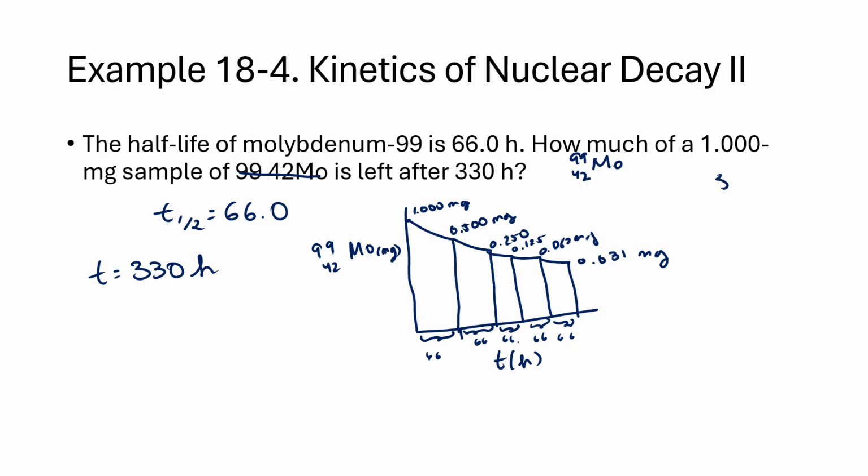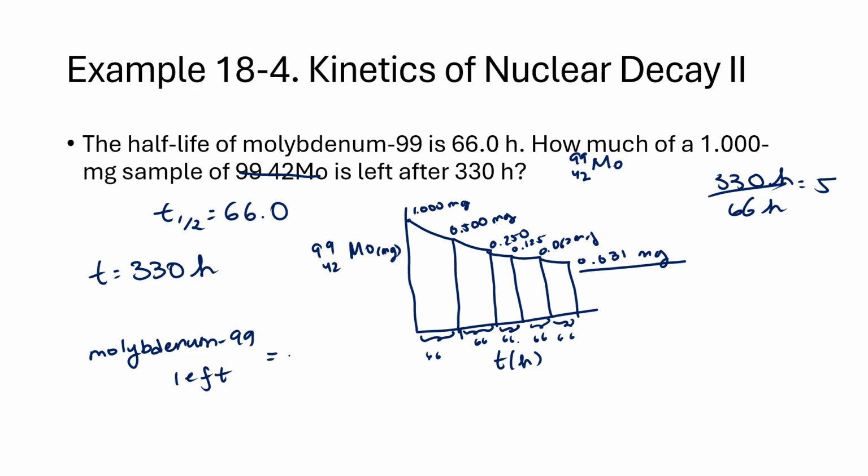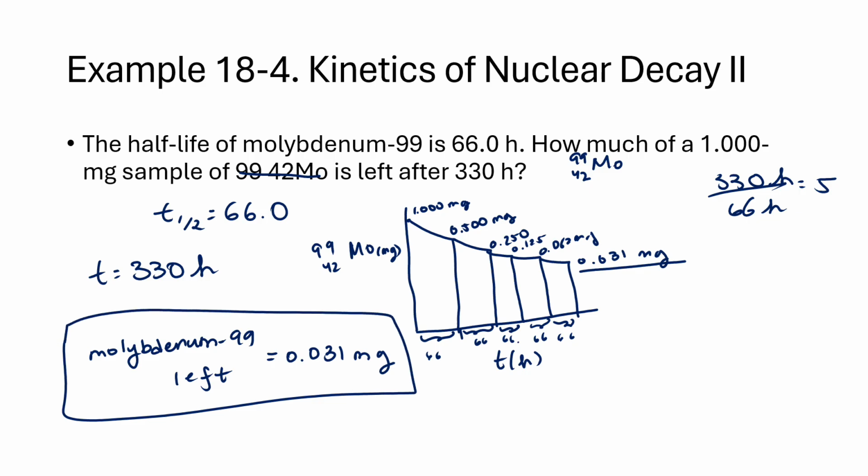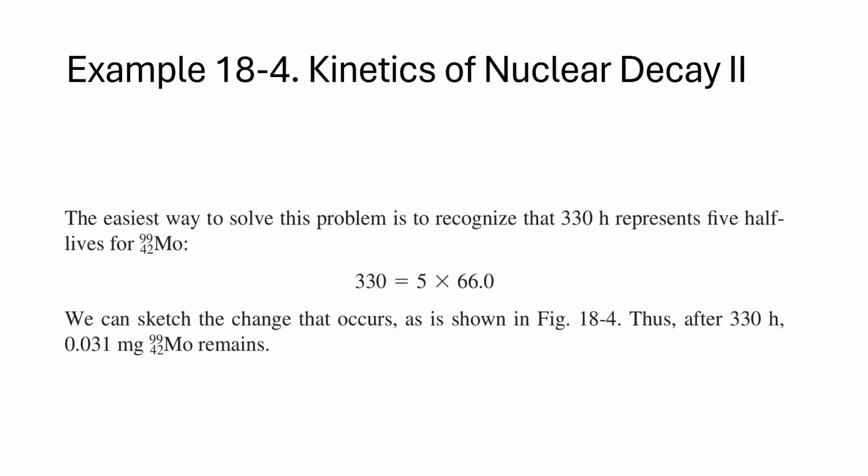And remember, 330 hours divided by 66 hours is equal to 5. So after 5 half-lives, what you have left of molybdenum-99 is equal to 0.031 mg.